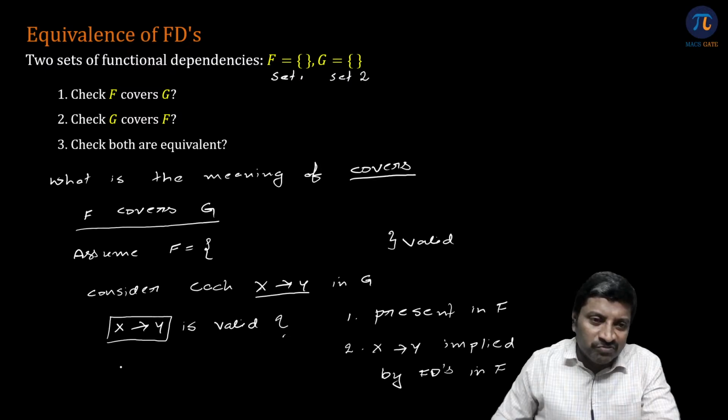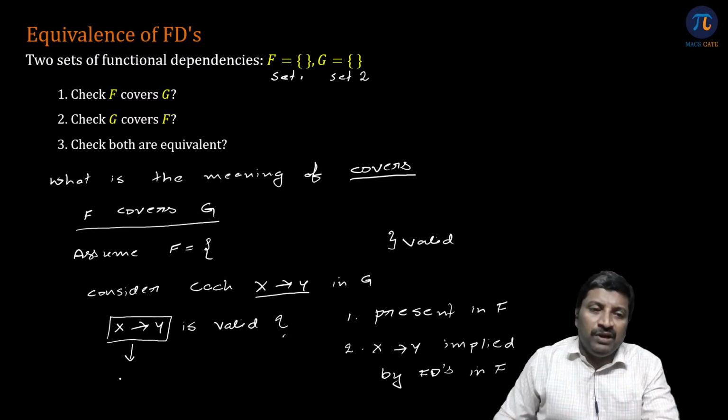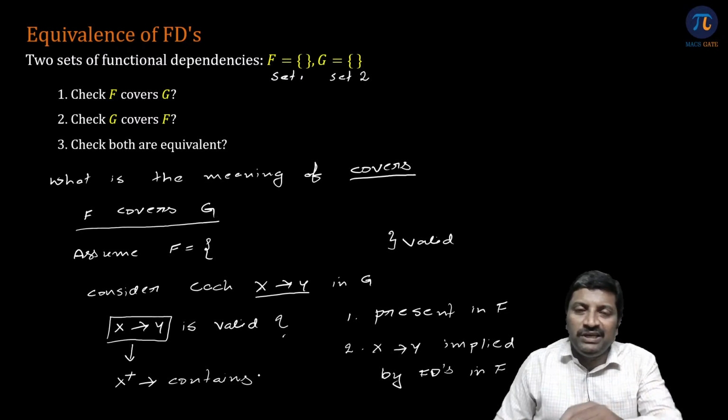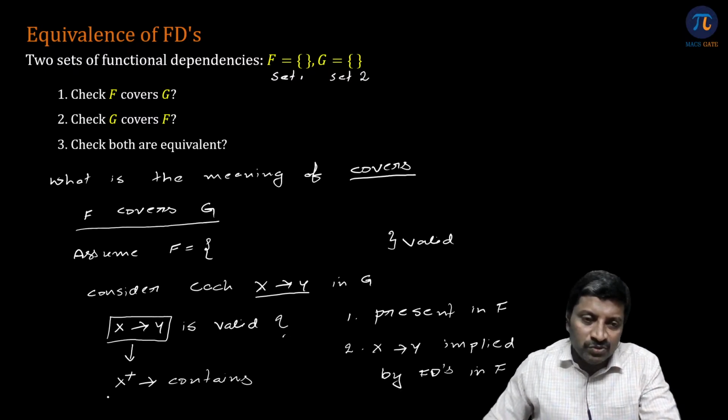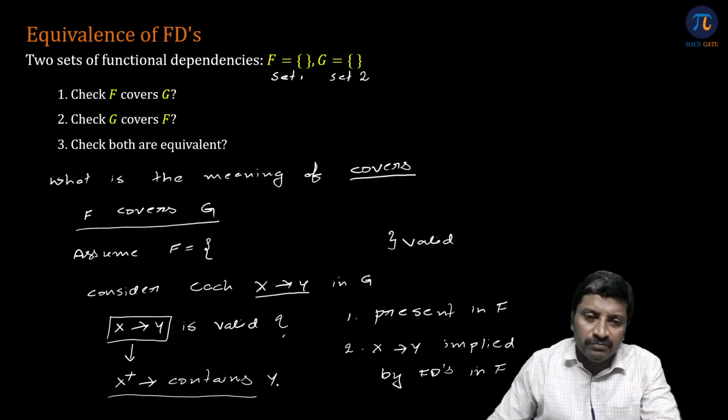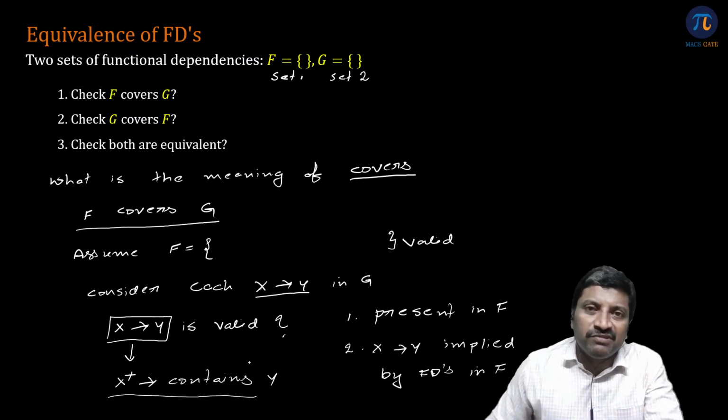So whenever I want to verify X implies Y, I find the closure of X. If this closure contains Y, that means this functional dependency is implied by the given set of functional dependencies. So this is what we are going to verify in the process of covers.